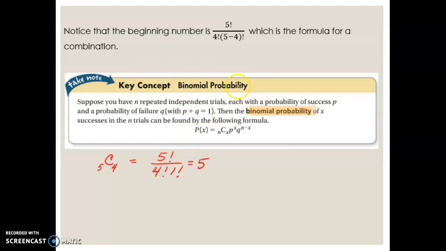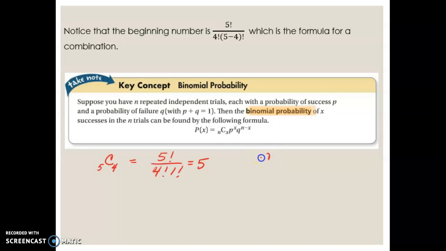This gives us the binomial probability formula, okay: n combination x, probability of success p to the number of times you want, out of the number of trials, and q to the n minus x, which means these two exponents add up to the total.